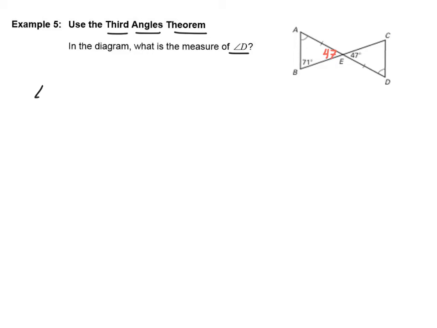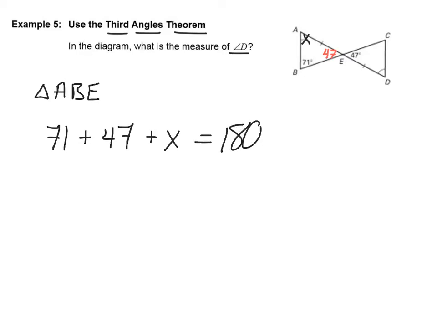Now let's just focus on that triangle on the left, triangle ABE. So I know those three angles together should add up to 180. We have 71, we have 47, and angle A, which I'm just going to call X. So together they should equal 180. So we end up with 118 plus X equals 180.